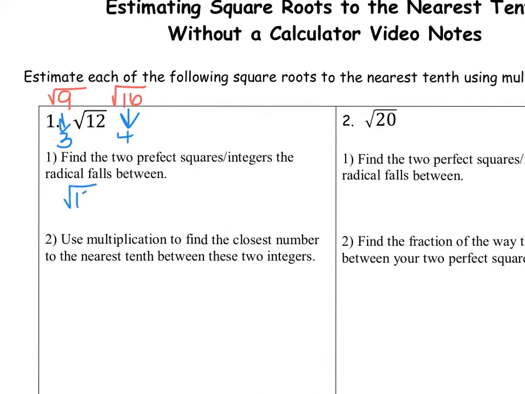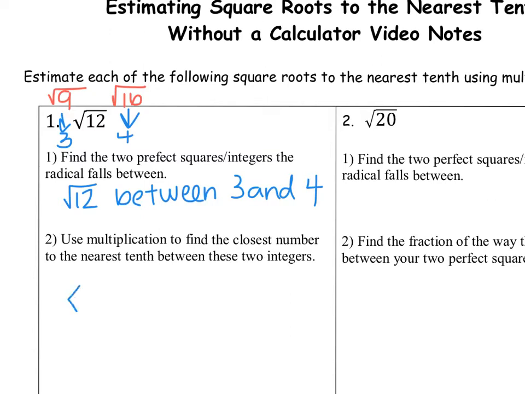So the square root of 12 is somewhere between 3 and 4. I want to know a little more accurately what the square root of 12 is equal to. So we're going to use multiplication to find the closest number to the nearest tenth between these two integers.